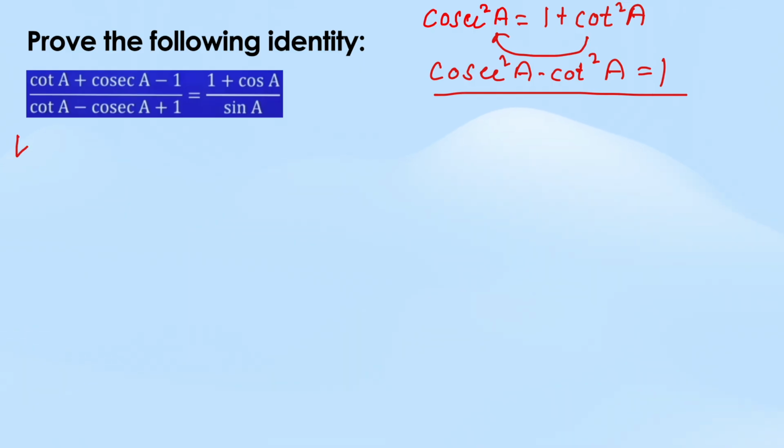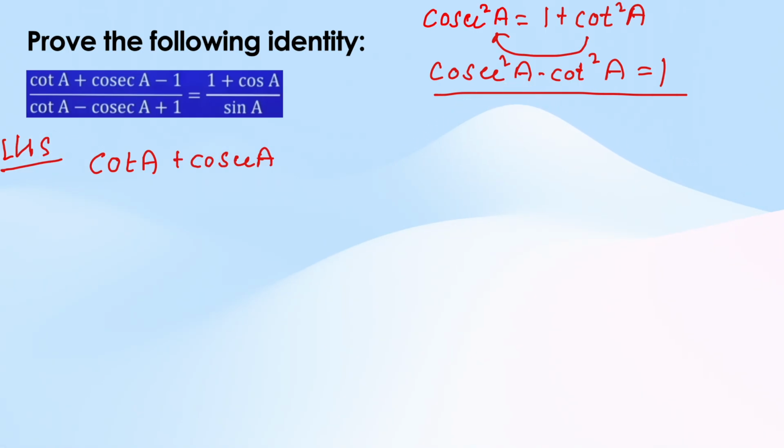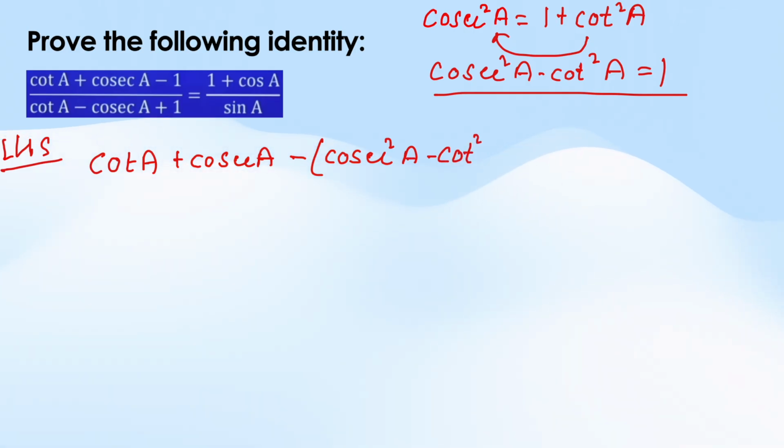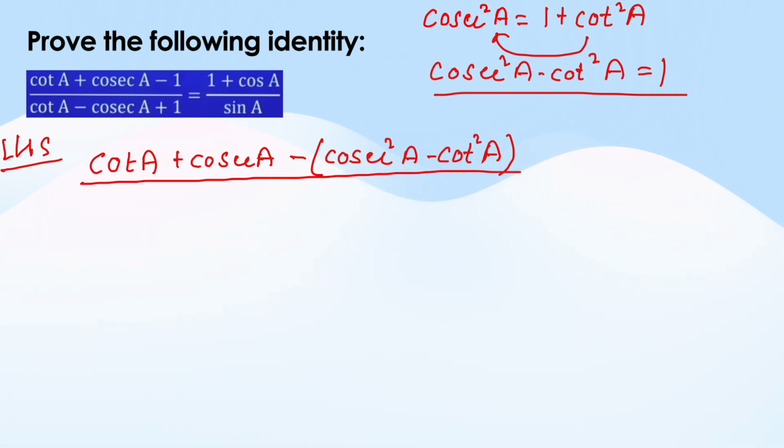See the LHS here? What will it become? Cot A plus cosec A. Then in place of 1, I have to put cosec square A minus cot square A. Come to the denominator part.